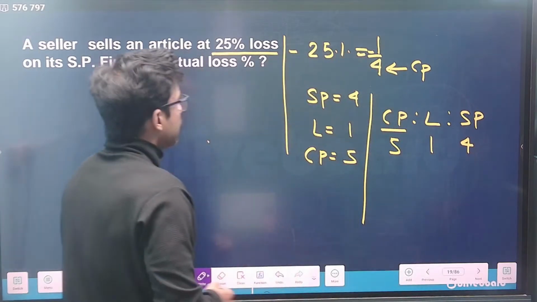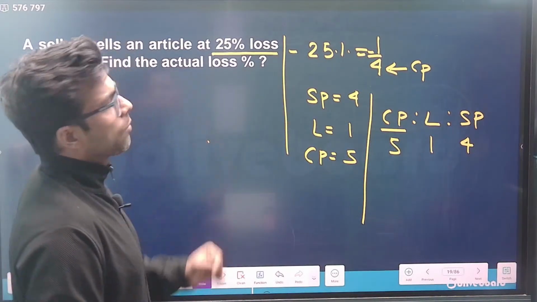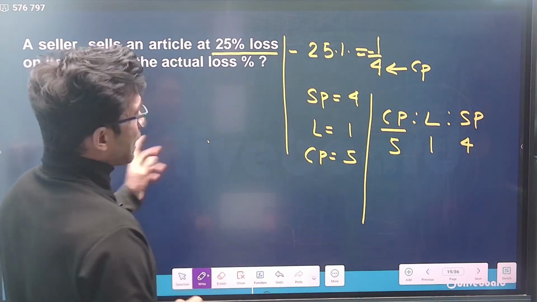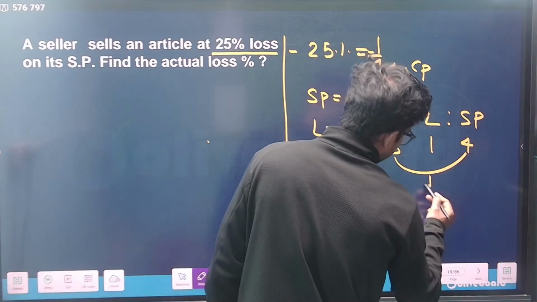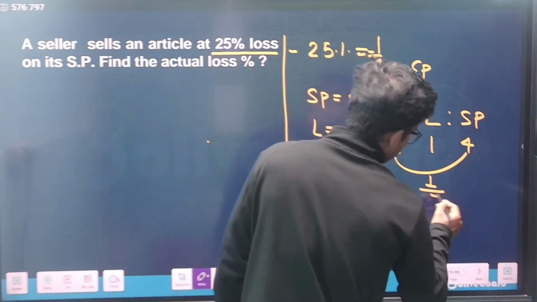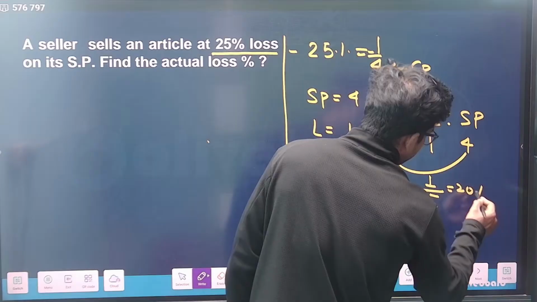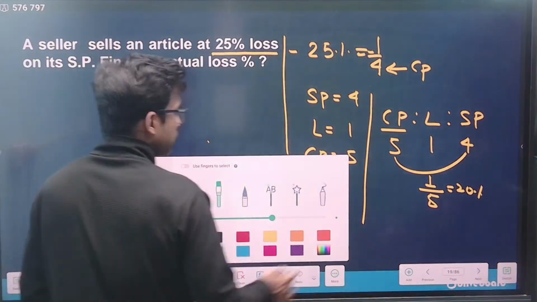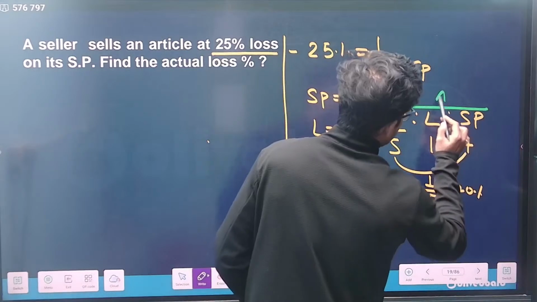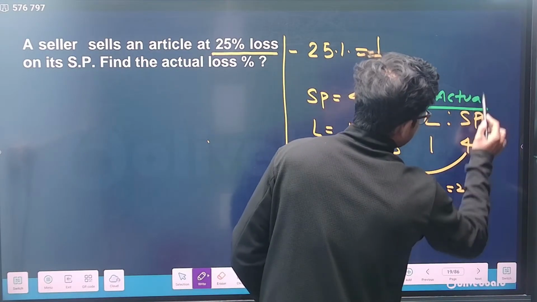Now they are asking to find the actual profit or loss percentage. So there is a loss of 1 on 5, which is a 20% loss. This is the actual loss, everyone. This is called the actual loss.